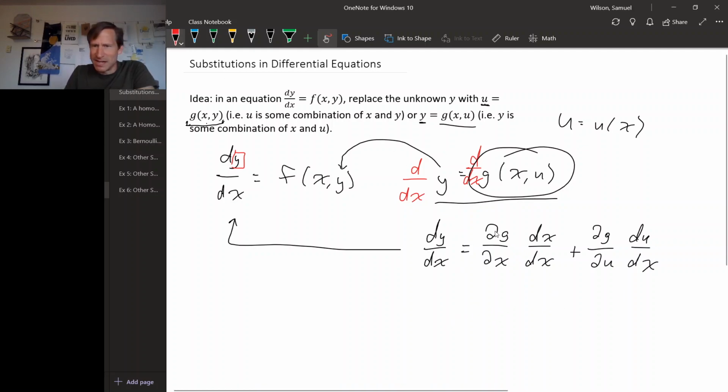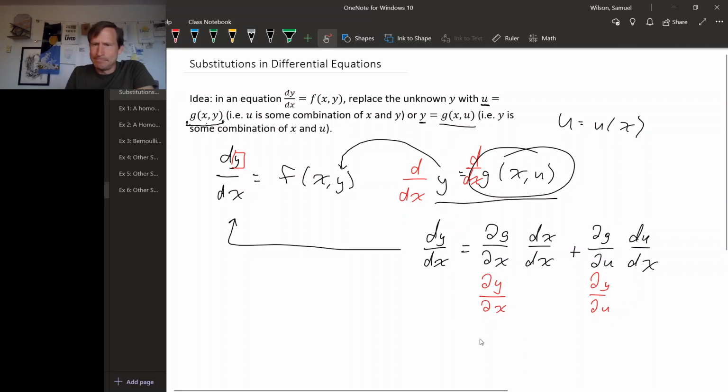Another way you might write the derivative of g with respect to x is just the derivative of y with respect to x, because g is really representing y in this situation, so you might write it like that.